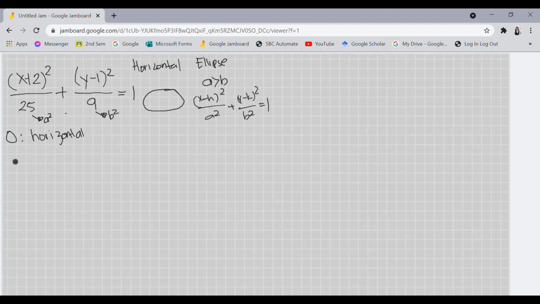And then, to identify the coordinates of your center, base nyo naman siya dito sa ating nasa taas. So, we have x plus 2 at saka y minus 1. As you can see in your standard form of equation, ang operation natin ay subtraction. So, pag ganyan, ang center niya na (h, k), yung h lang at k ang kukunin mo. However, dito, you have x plus 2. So, this is derived from x minus negative 2, kaya siya naging plus 2.